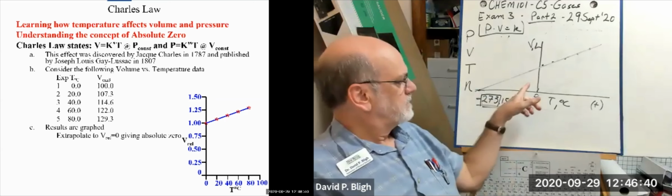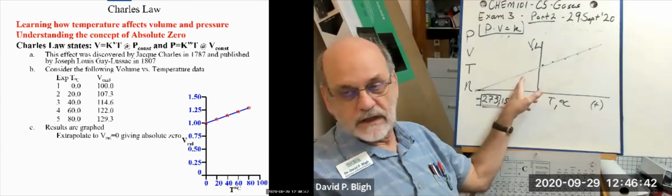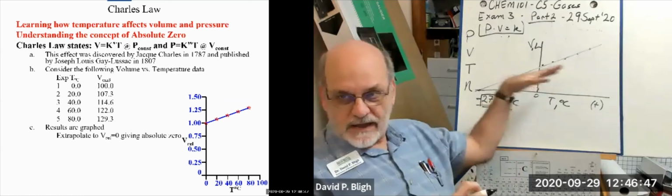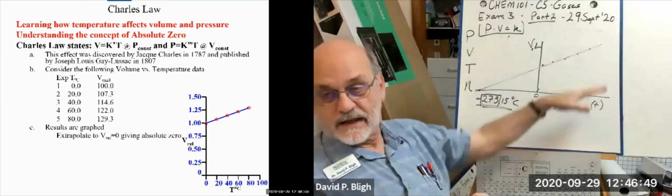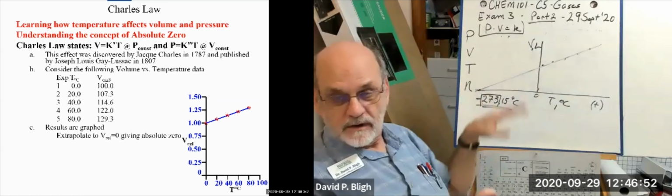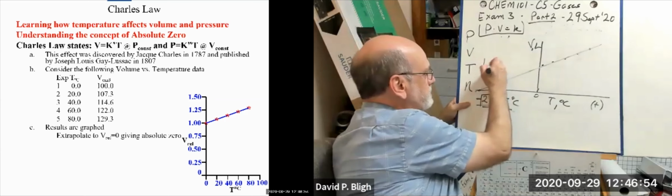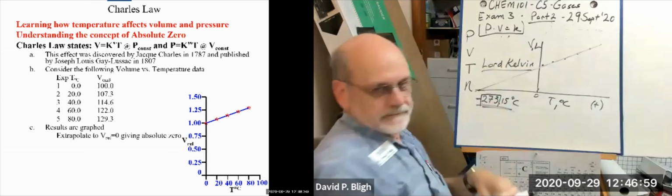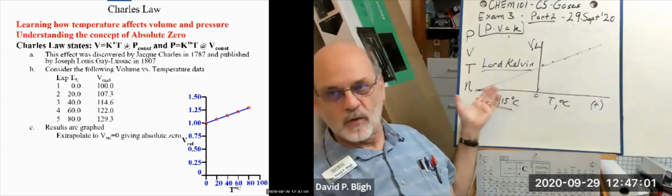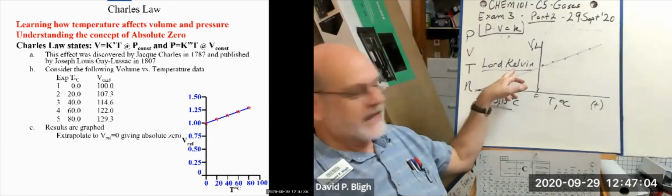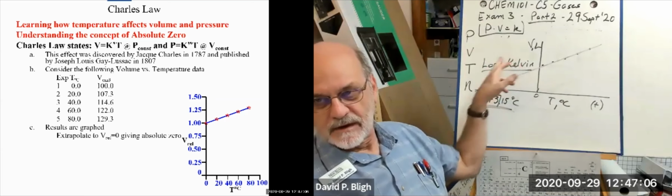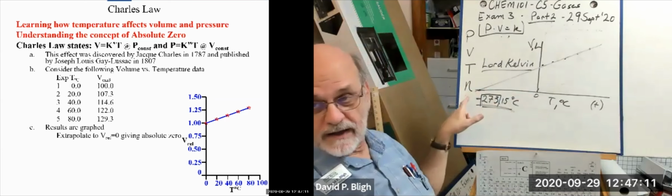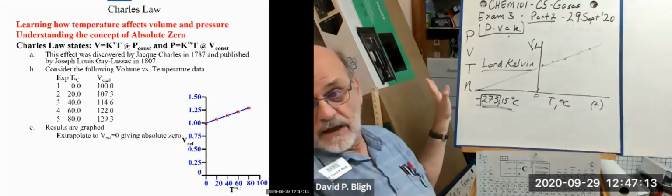But Charles didn't do this, and Gay-Lussac didn't do that. This particular line of reasoning was proposed by Lord Kelvin. Now, I'm not sure what his given name was at the time, but the Kelvin is the important part, because he said, well, okay, if we can go down here to 0 volume, then I'm going to start a new temperature scale.